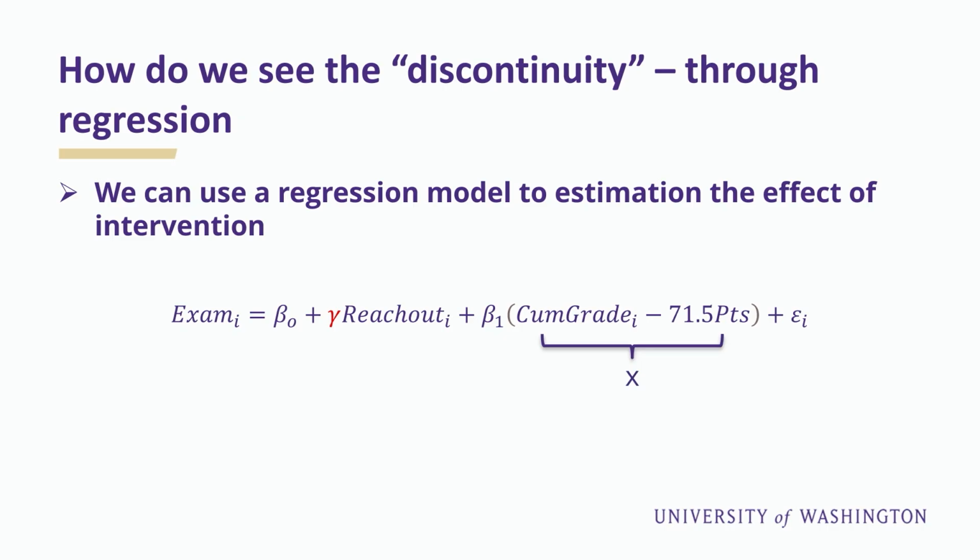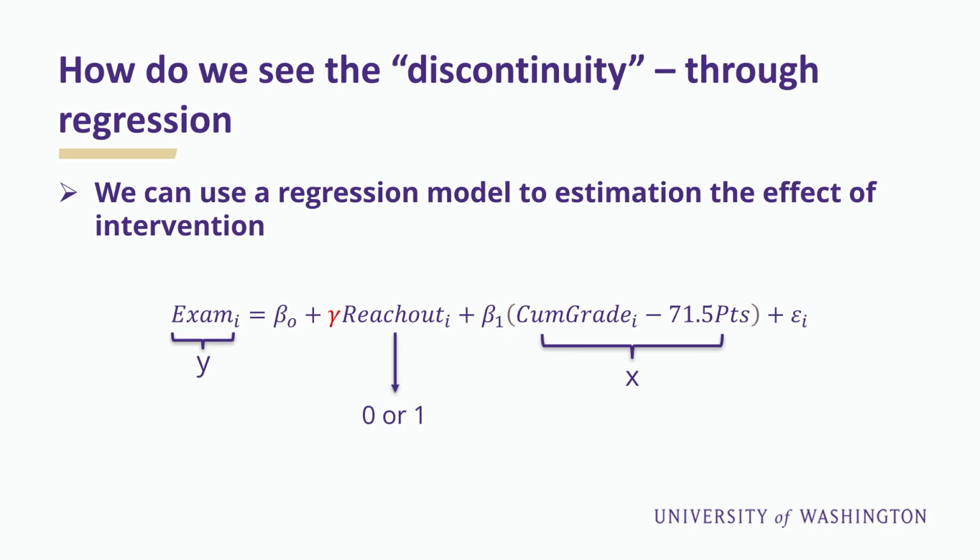If you recall from the visualization, this one is the x-axis we saw, the cumulative score, and the exam score is the y-axis. And reach out is the binary indicator for reaching out status: 1 for students who got the intervention, and 0 for students who didn't.